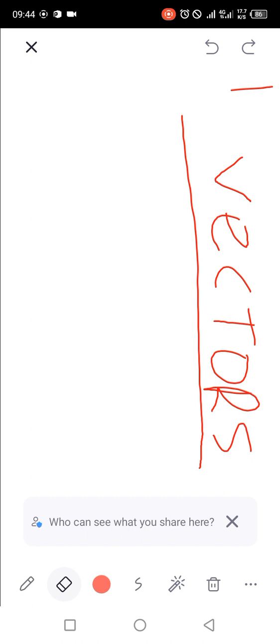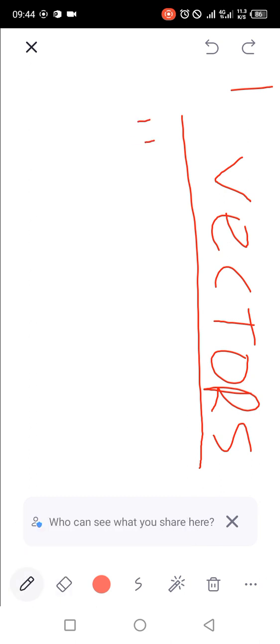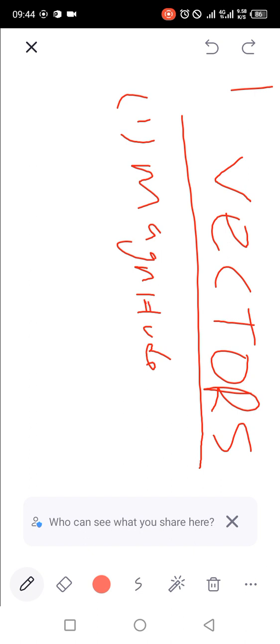So we are saying a quantity that has magnitude, and then a quantity that has also direction, is referred to as a vector.